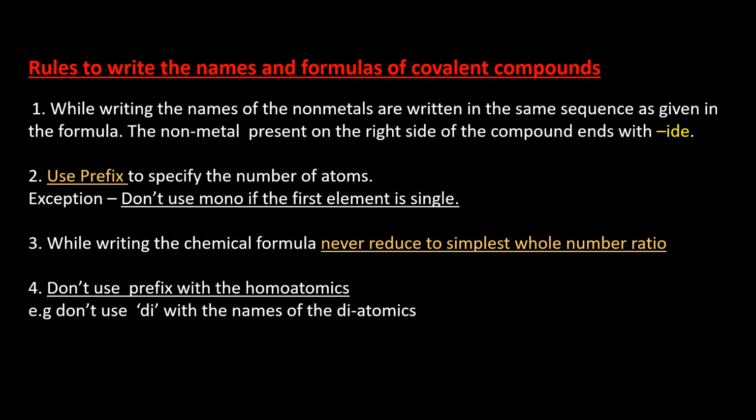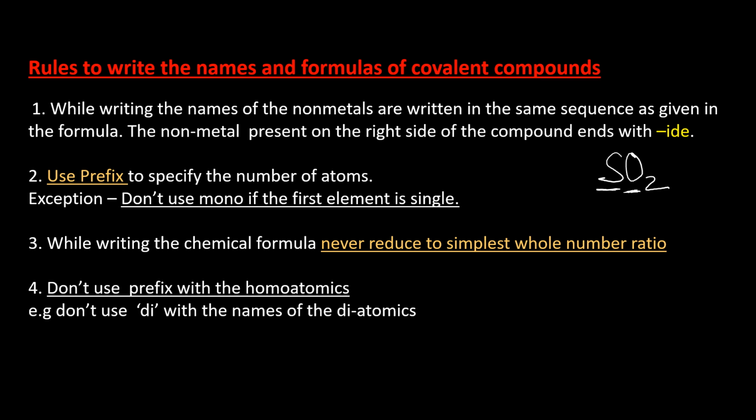For example, let's say I have SO2. We'll say sulfur as it is from the periodic table. O means oxygen. So oxygen will convert to oxide because oxygen is on the right side of this molecule, right?